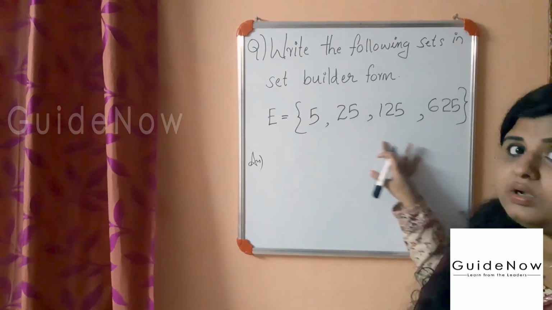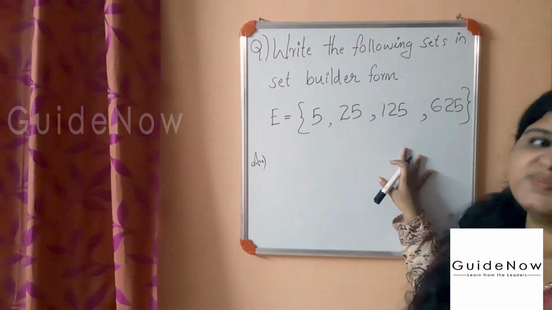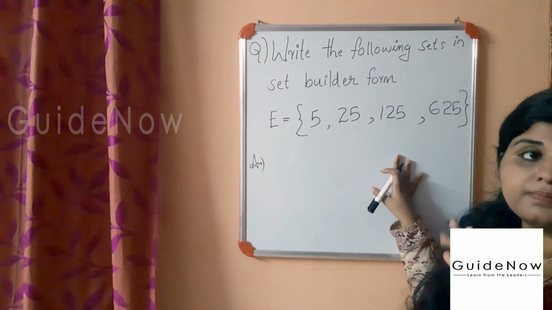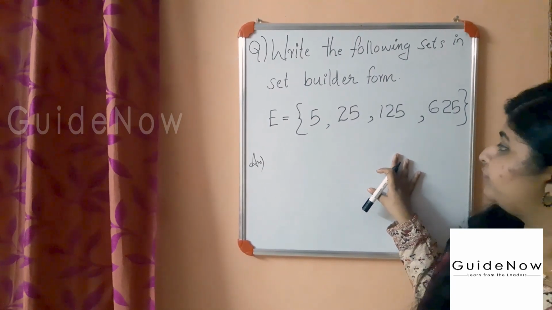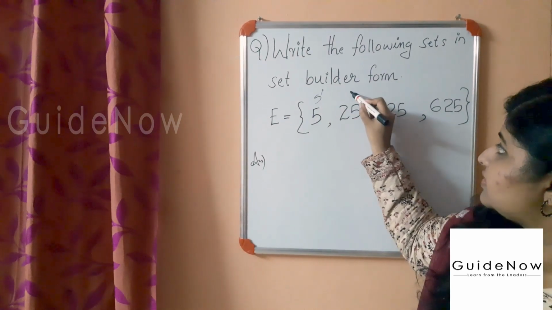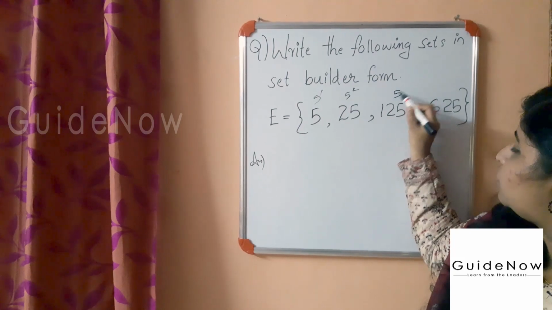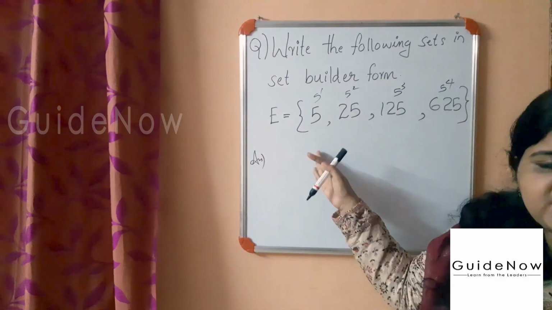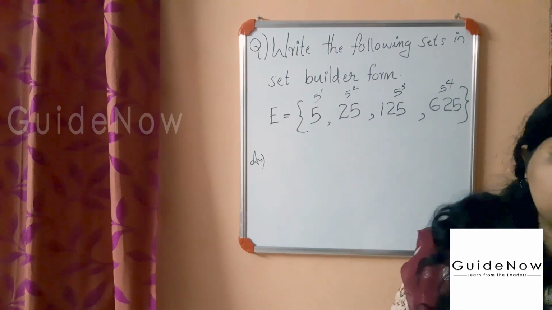Here these are not continuous multiples of 5. These are powers of 5. This is 5 raised to 1, this is 5 square, this is 5 cube, this is 5 raised to 4. So these are powers of 5.